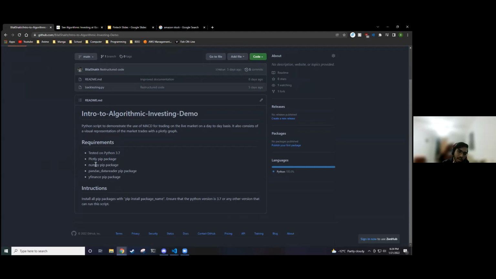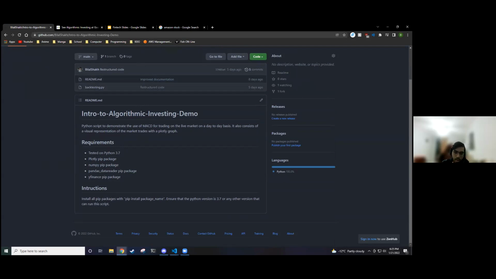NumPy is small helper functions and stuff that you need for the visualization. So these two kind of work together. And Pandas data reader is what you're going to actually use to get the data from Yahoo Finance. And this is used to just overwrite this so you can get the data without any problems.